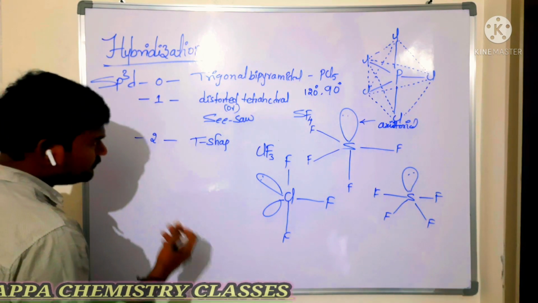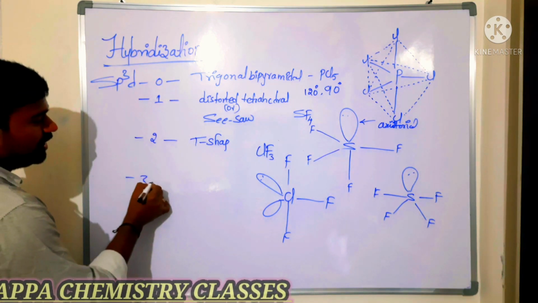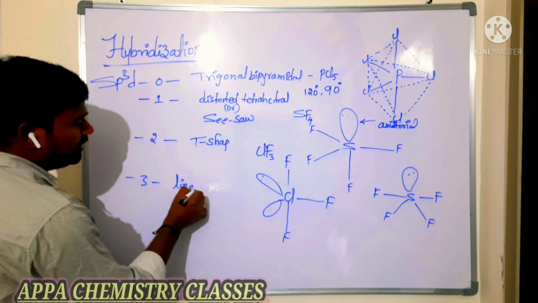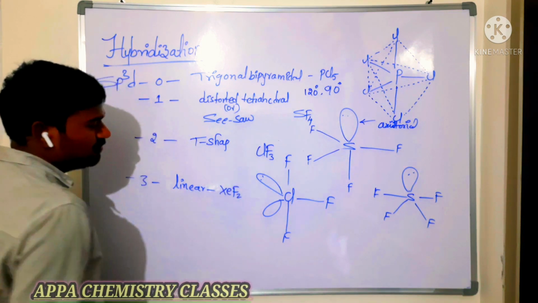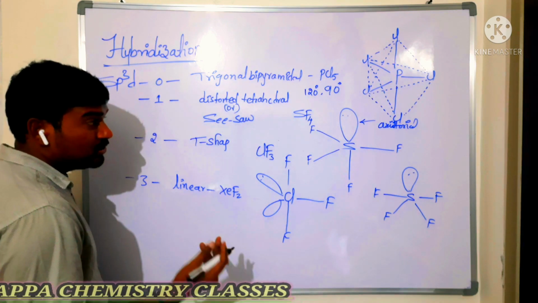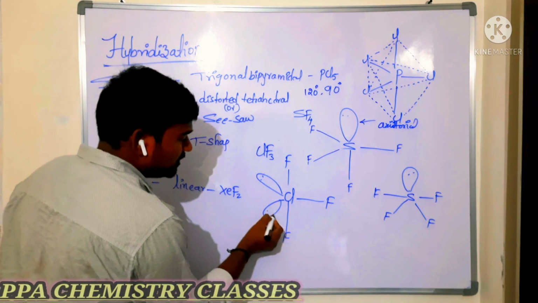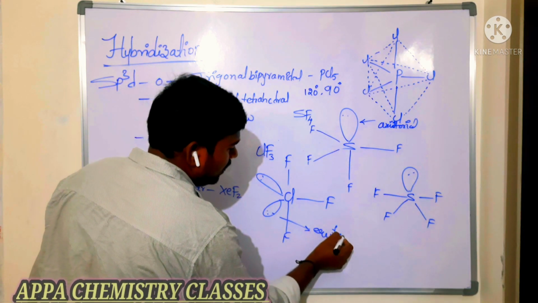Next, sp3d with 3 lone pairs. Its geometry will be linear. The example is XeF2, which is very, very important. Here the 3 lone pairs are present in the equatorial position.